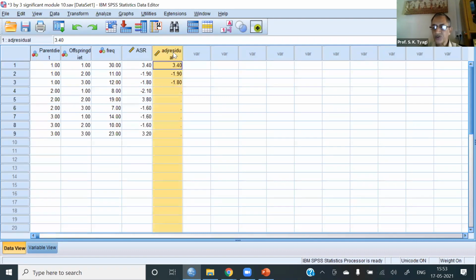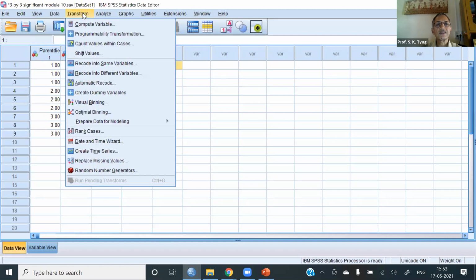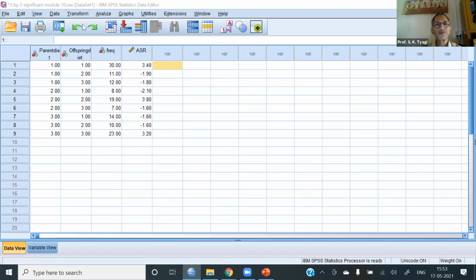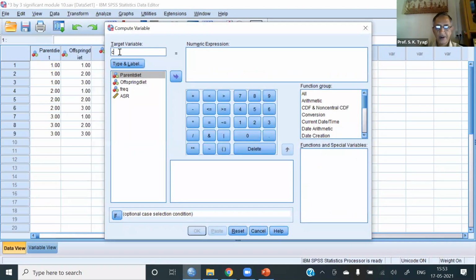Now next what we do, we create another variable, ASR into ASR, okay, and name it chi-square. And this can be done using this transform, compute chi-square.